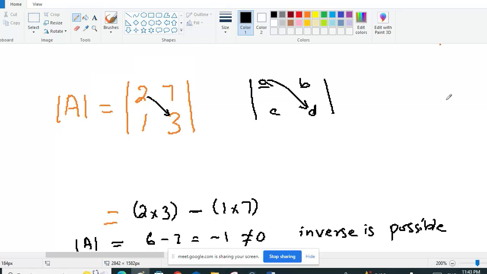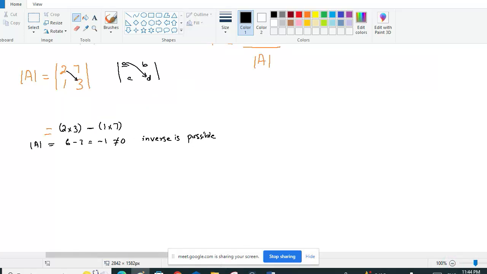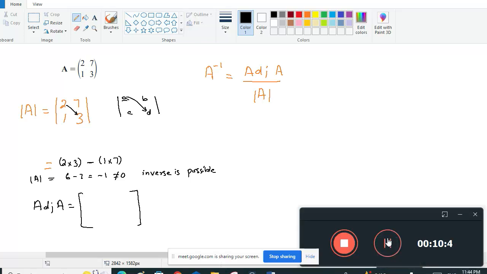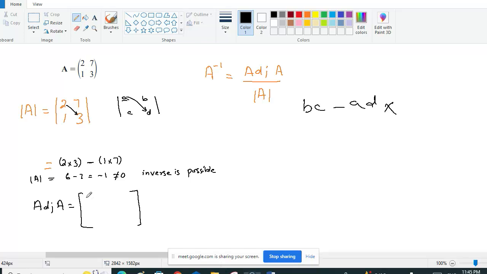You will take the matrix 2 7 1 3. Adjoint A will be found like this: you will change the position of these two values, that is you will write 3 over here and 2 over here, and you will change the signs of the other two values.